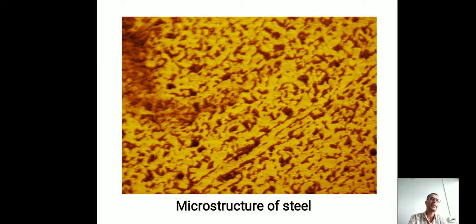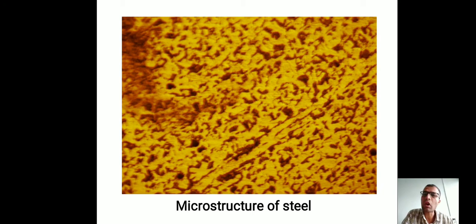of the material. But students, always keep in mind, microstructure for each and every material will be different. Microstructure of steel will be different than the microstructure of aluminium. Microstructure of aluminium will be different than the microstructure of copper. Correct na?